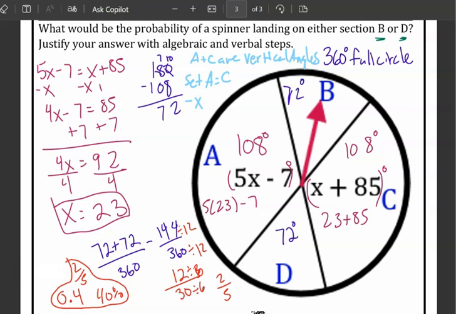Subtract x from each side, add 7 to each side, divide by 4 on each side, and then once you get the x, evaluate to find A or C. Once you've evaluated, we'll have 180 minus that number, since they're supplementary.